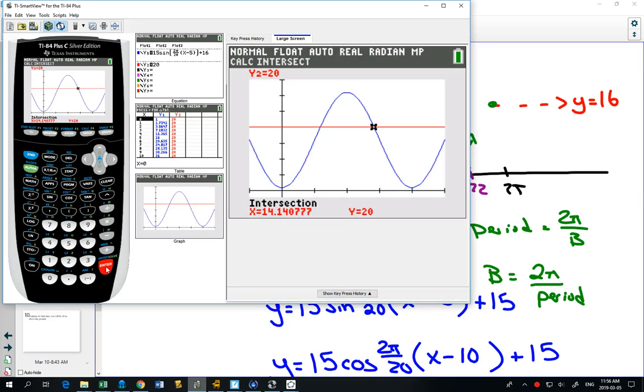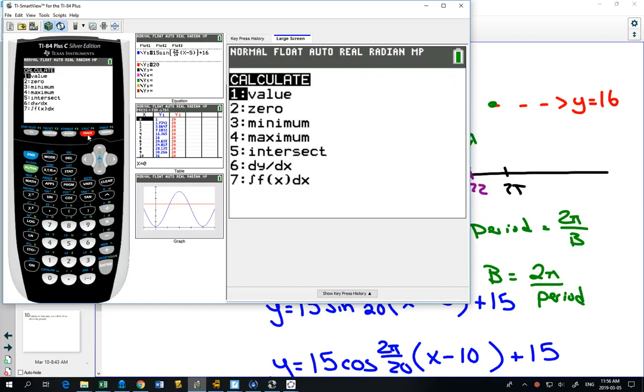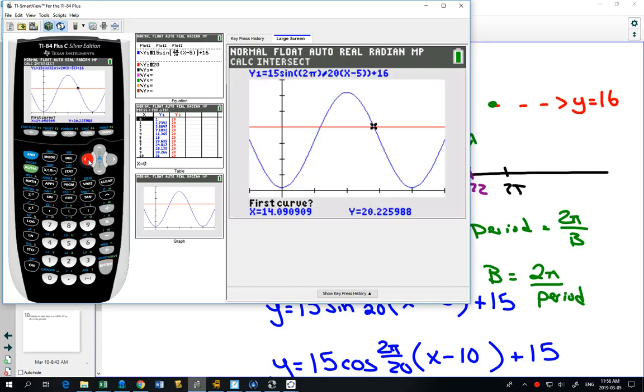Oh, our estimate was pretty good there. And the other one is 9.09. So our estimates were not too bad.